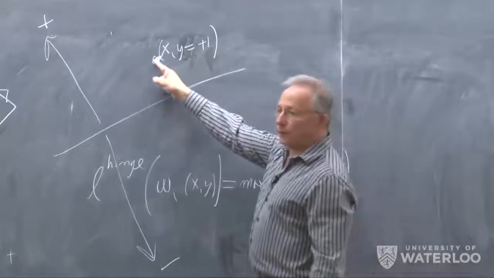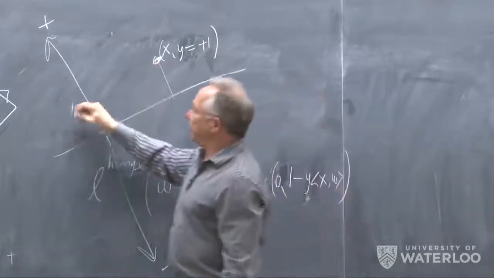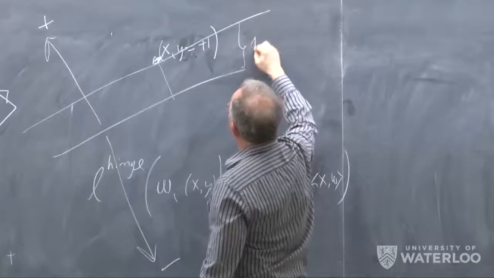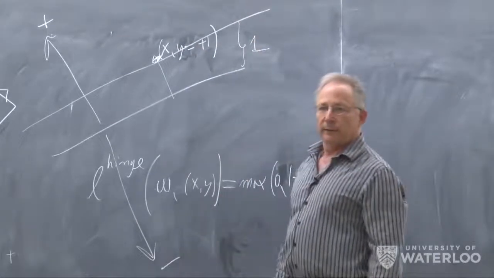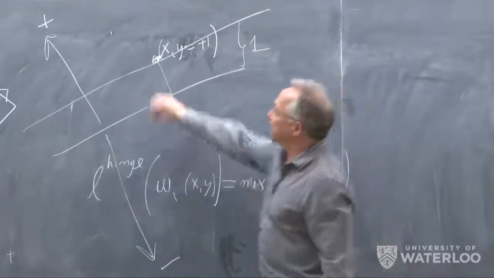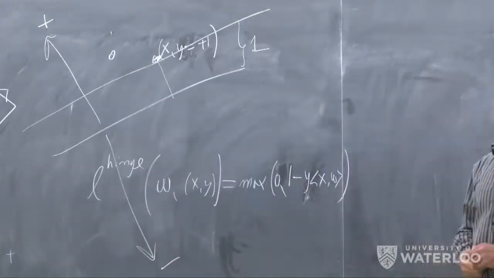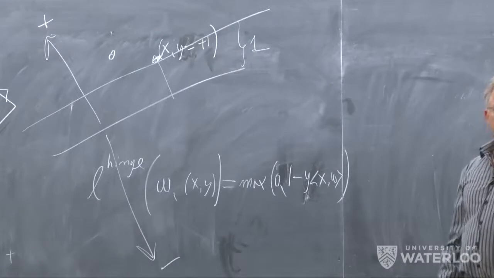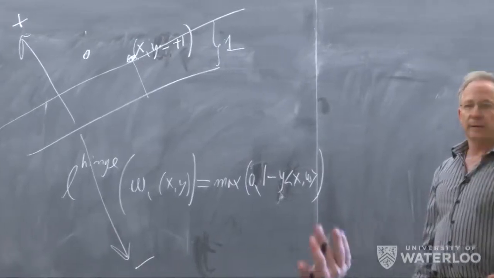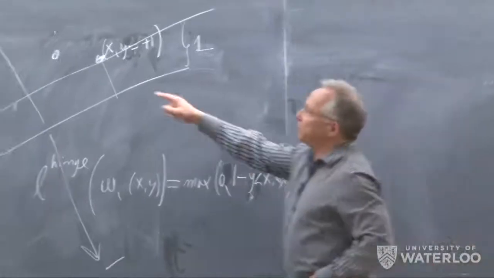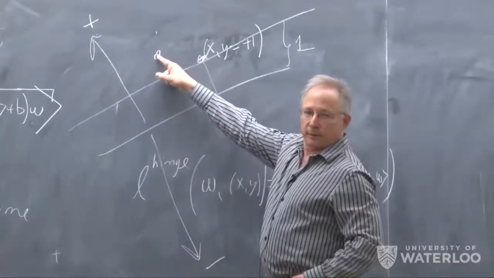So if the label is correct, for every point which is at a distance of more than 1, what's going to be my loss on every point which is of distance more than 1 from the line? Yes? 0. Right. For every point which is more than distance 1, I'm paying 0.